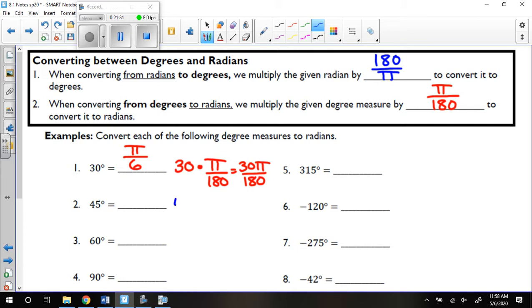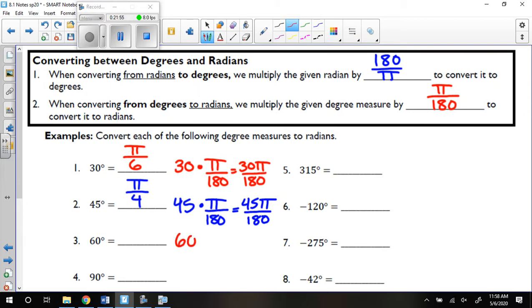Okay, for number 2, we've got 45 degrees multiplied by pi over 180. Yet again, we're trying to put pi into our answer, so it's on the top. We've got 45 pi over 180, and we will reduce 45 over 180. And that reduces to 1/4, so 1 pi, or just pi, over 4.